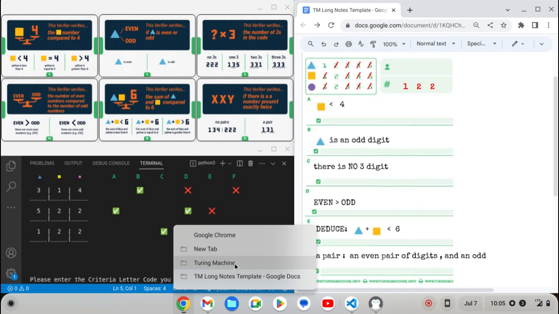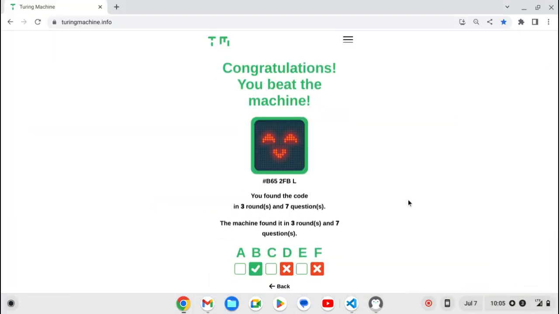I think even if you play the original Turing Machine puzzle, when you're using all the punch cards, you could accidentally choose the wrong criteria card for whatever reason, truly accidental or maybe just a slip of the mind. So stuff happens, but in this case, we still came out with a success.